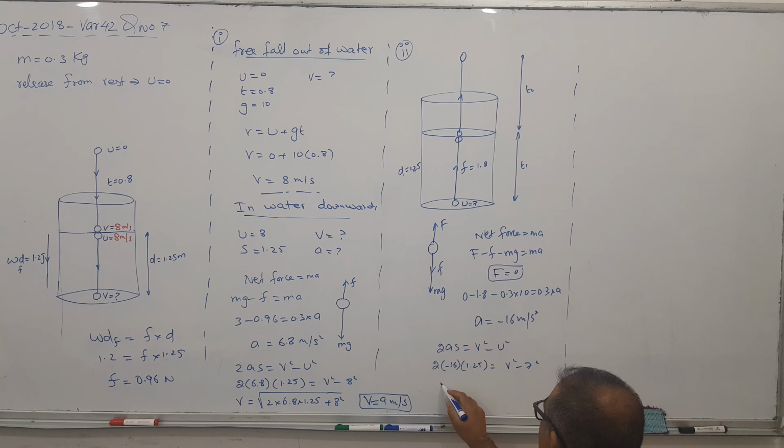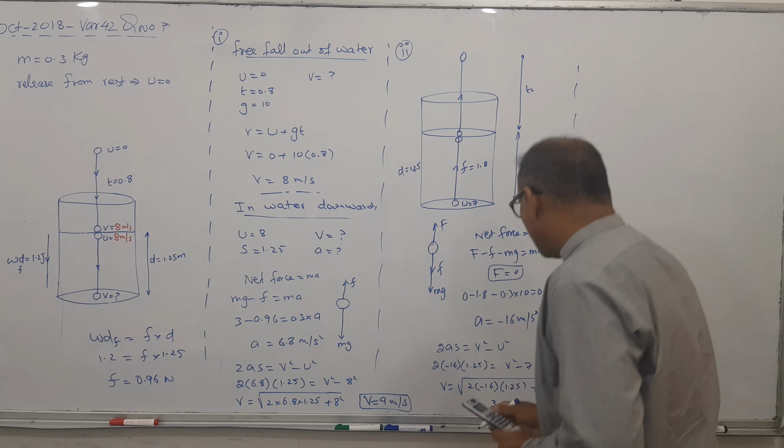So v is the root of 2 times negative 16 times 1.25 plus 49, which gives 3 meters per second.